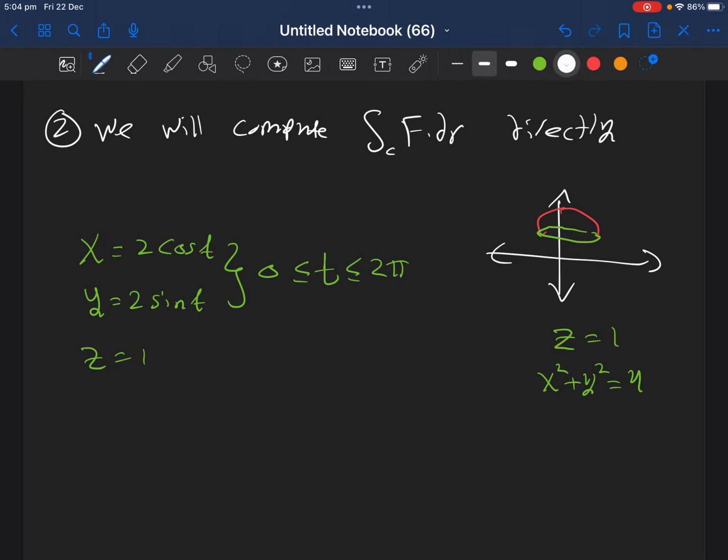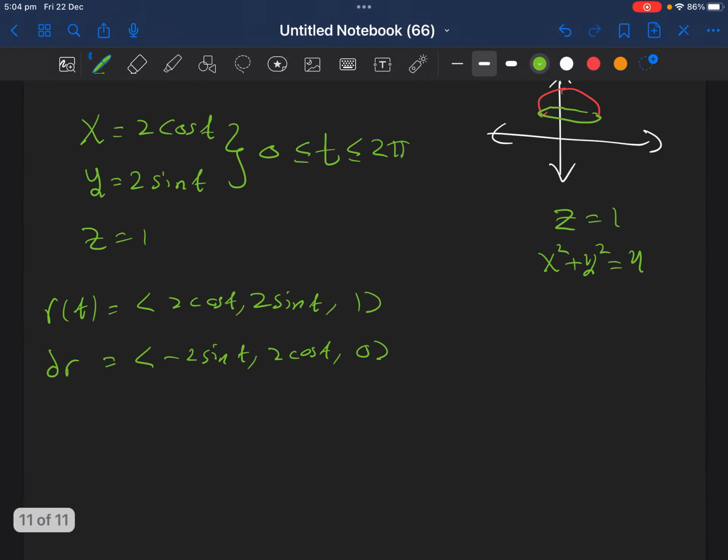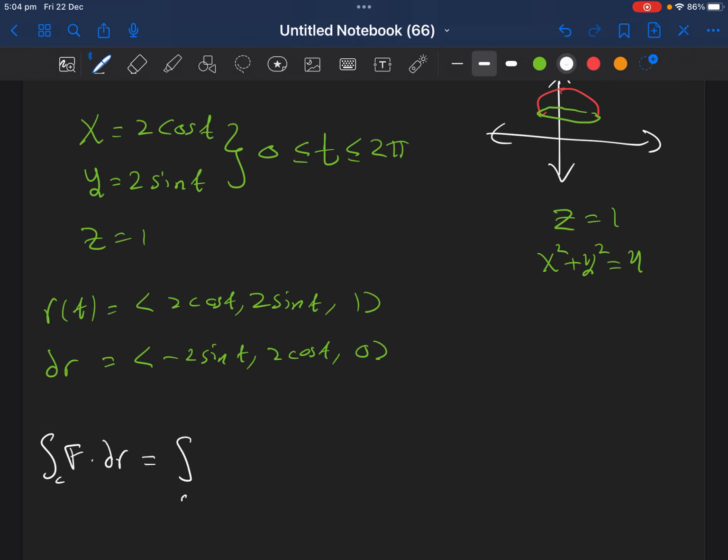So before we do the integral, let's find dr. So we have r of t equal 2 cosine t, 2 sine t, 1. So dr would be just negative 2 sine t, 2 cosine t, and 0. So the integral F dot dr would be just the integral from 0 to 2 pi. And now we have to do the dot product between F and dr. So if you remember F, it starts with 2yz.